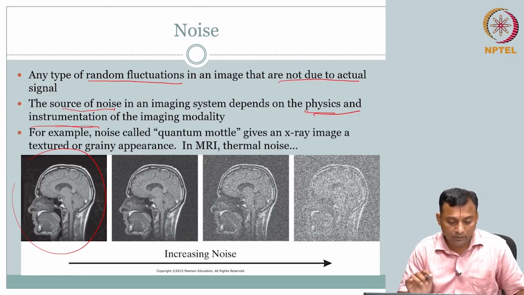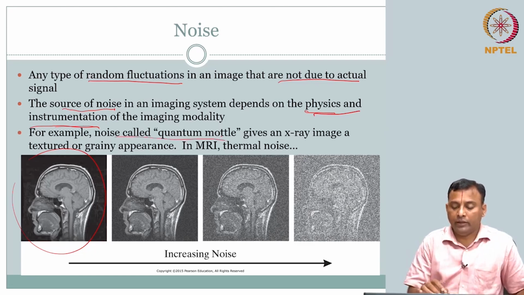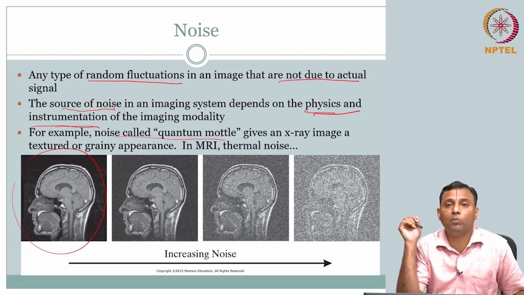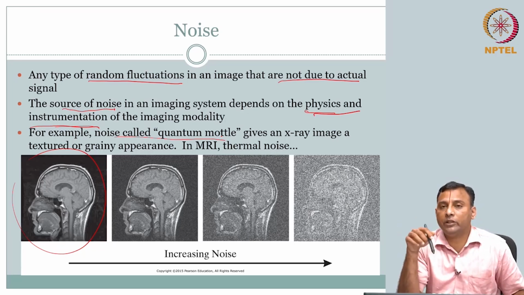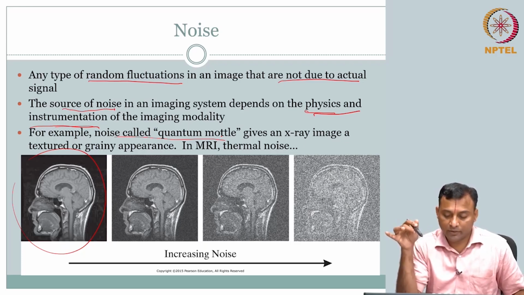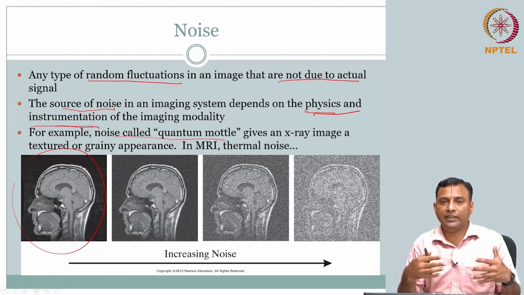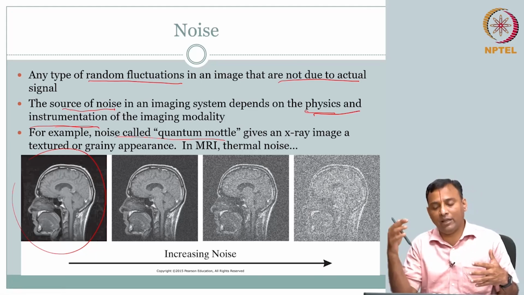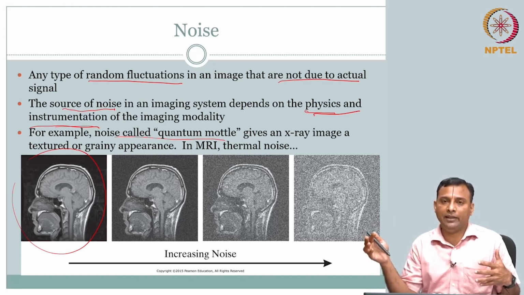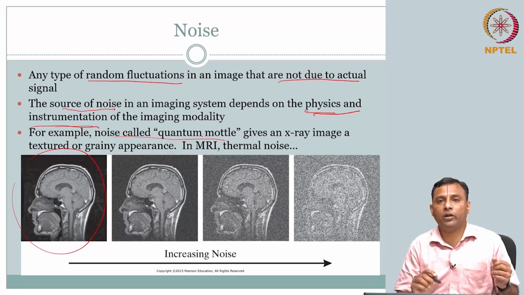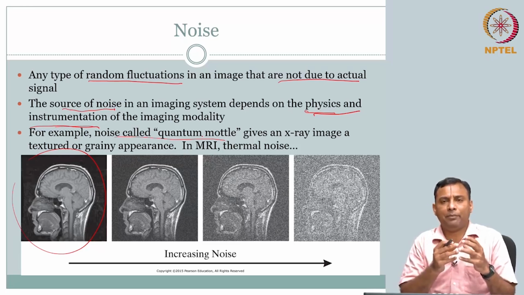So you can have both. For example, in X-ray imaging you have something called quantum mottle. This is not because of your measurement. This is because of the way the signal is generated. When we cover the physics in each modality, and then the image quality aspect in the end, we will connect this again. But for now, quantum mottle means something is happening because the X-ray is interacting.